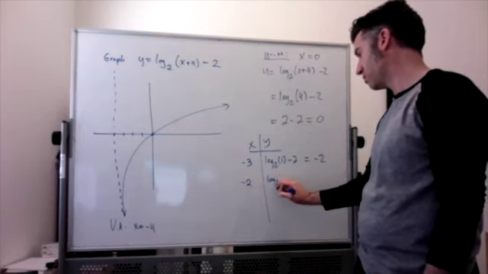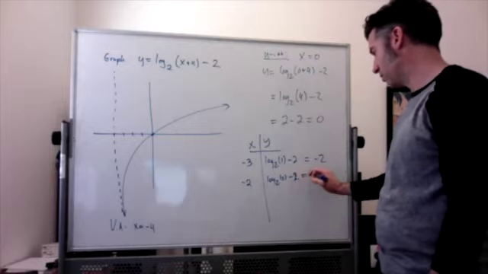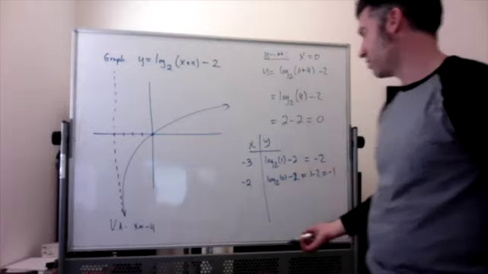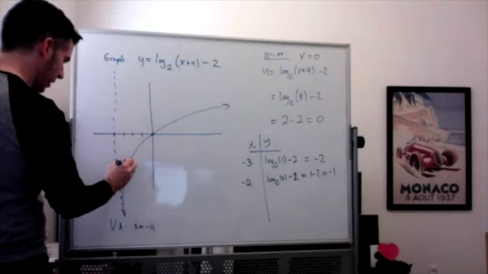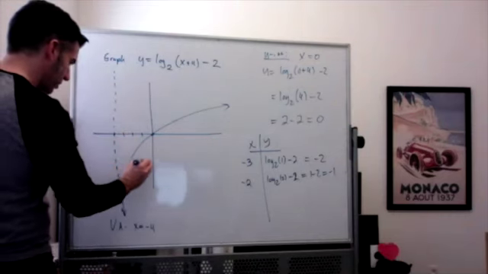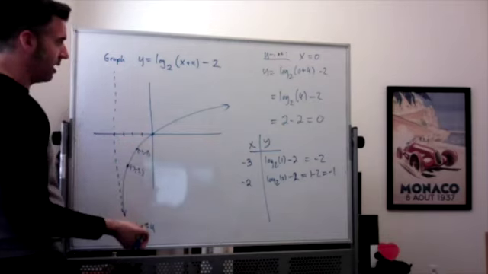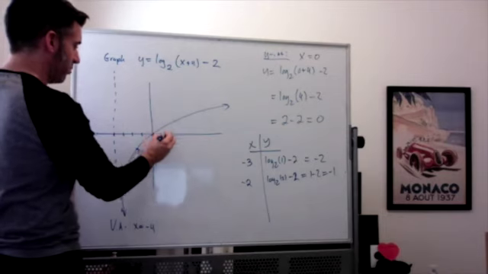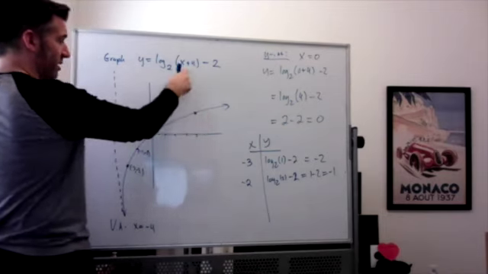And log base 2 of 2 minus 2 would be 1 minus 2, which is -1. So there would be points like this. -3, it would be -2. -2 would be -1. And then if you plug in 4, log base 2 of 8 is 3, 3 minus 2.